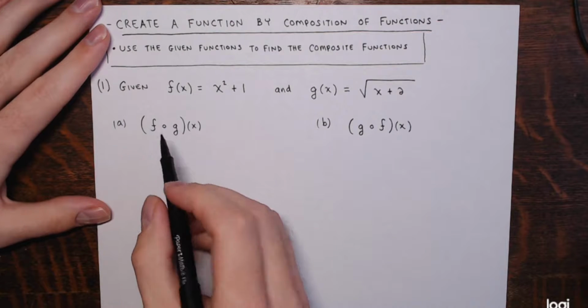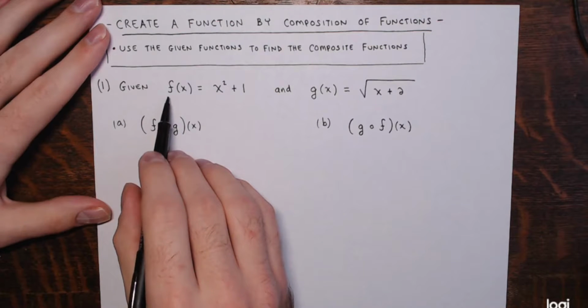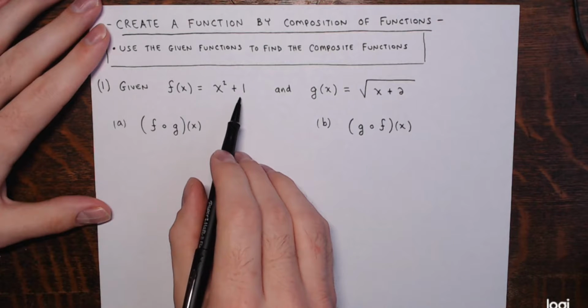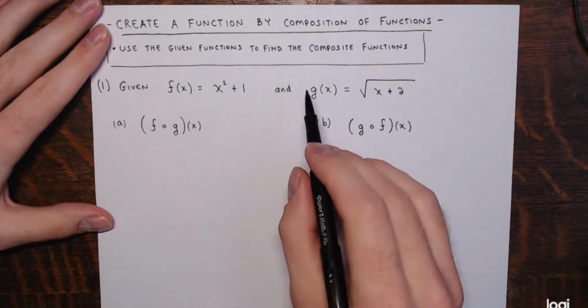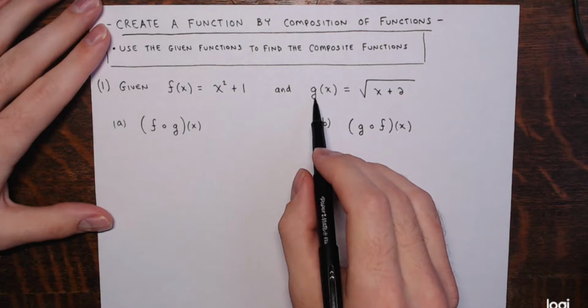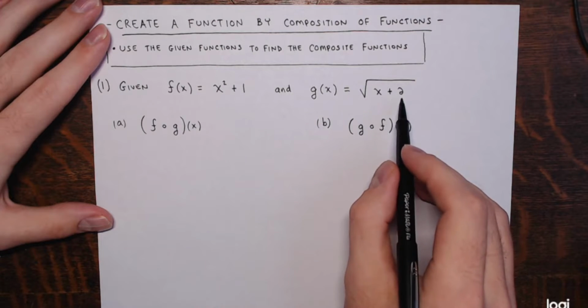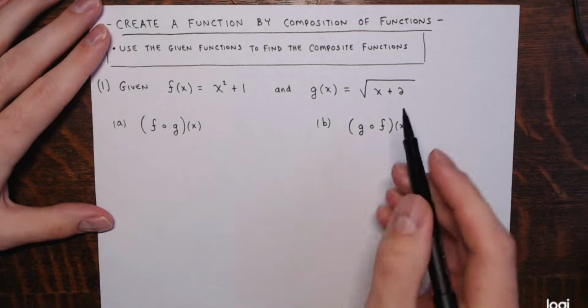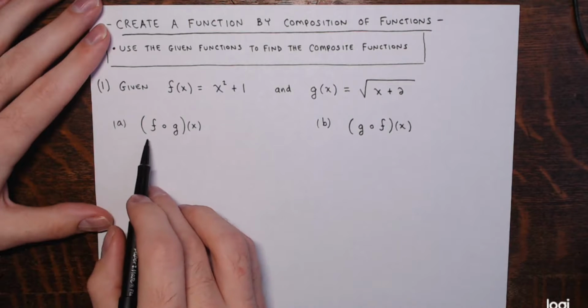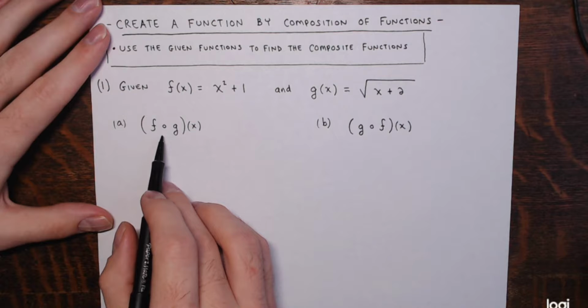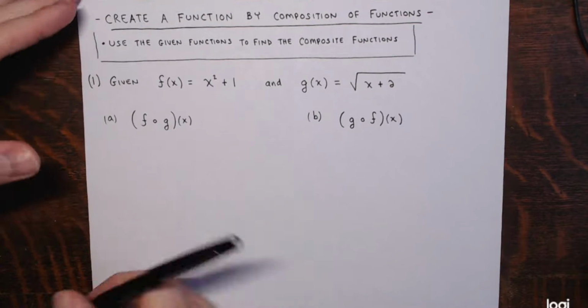So we're given two functions, f of x equals x squared plus 1, and another function called g, right? G of x equals the square root of x plus 2. And here's notation for what's called a composite function.